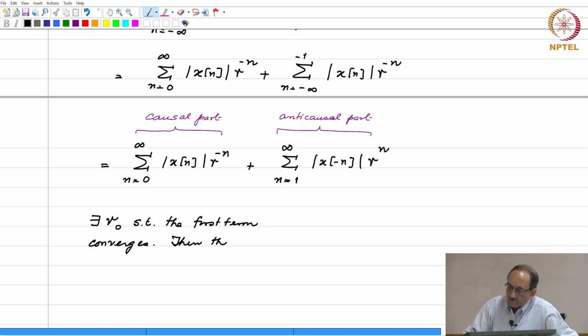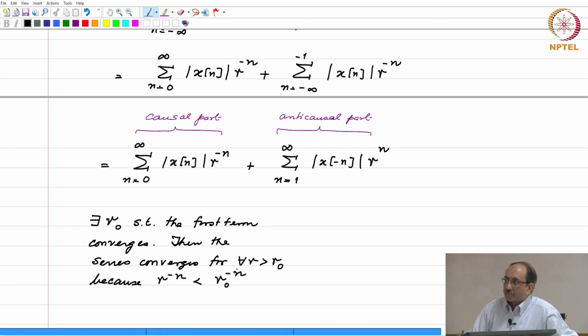So, we can see then the series converges for all R greater than R naught, because R power minus n will be less than R naught to the minus n. Therefore, if a certain radius exists for which this series converges, then for all radii that are greater than this, the series is definitely bound to converge.